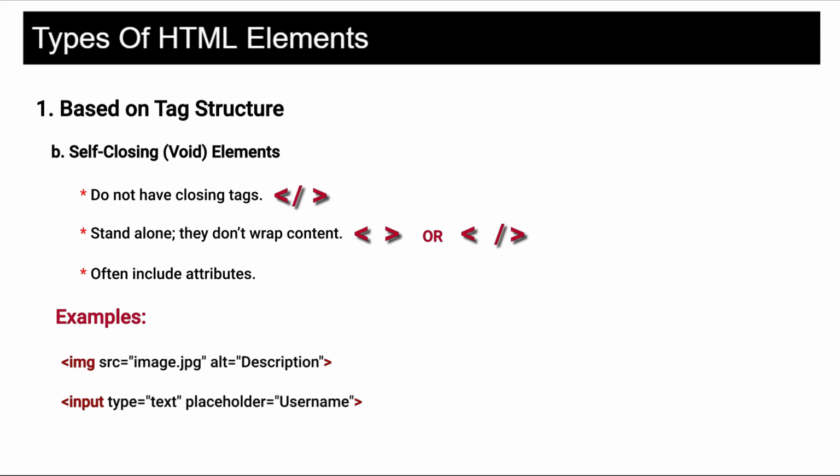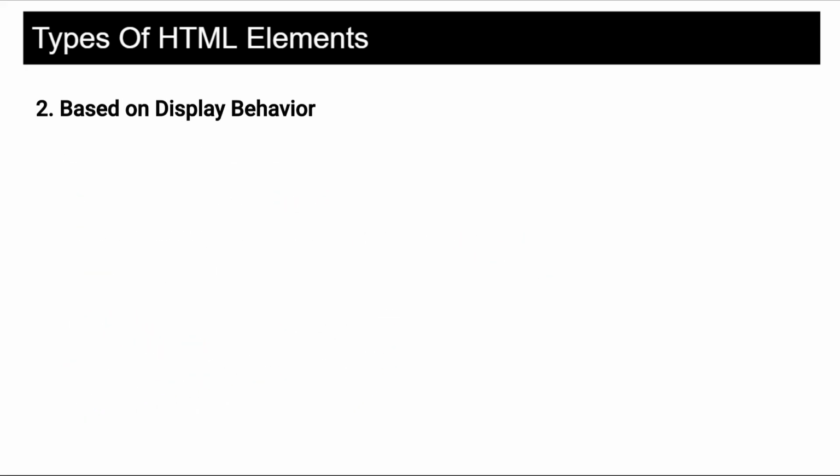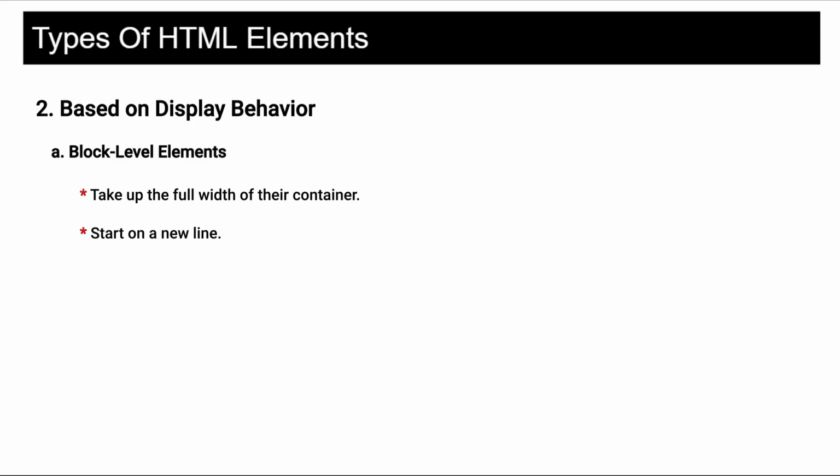Let's go to the second one, which is element based on their display behavior. And this one is also in 3 phases. The first one is block level elements. These elements take up the full width of their container, and they also start on a new line.